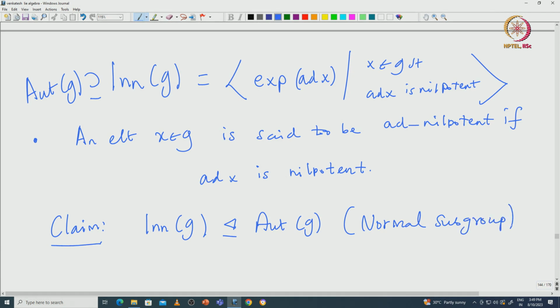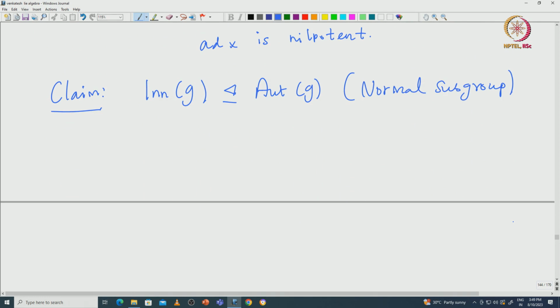So, why is it normal? Because one can check it for the generators, that will be enough. So, you start with some pi inside the automorphism group of G. All we need to prove is that if you take the conjugate with respect to pi, this inner automorphism group of G, then that should be a subset of the inner automorphism group of G. So, you start with an element in the automorphism group and an element in the inner automorphism group, which will be a product of these exponentials of ad x.